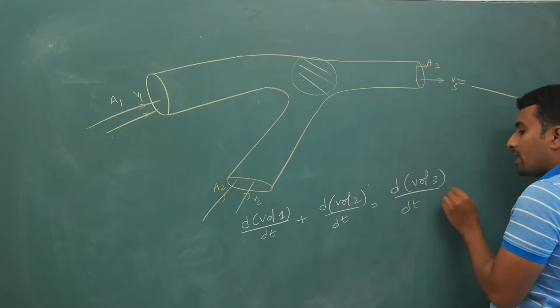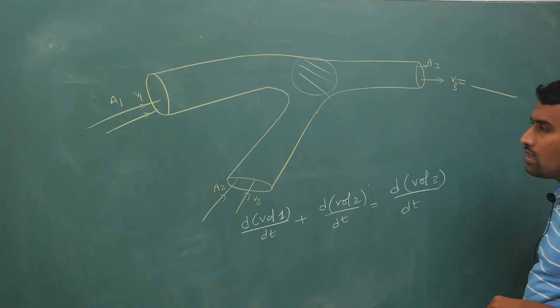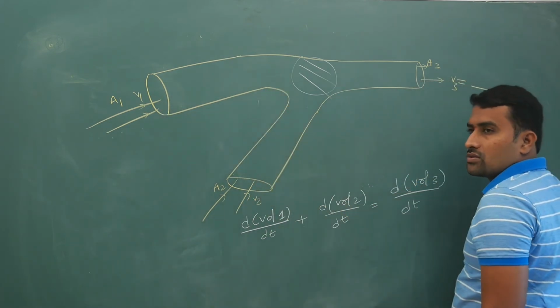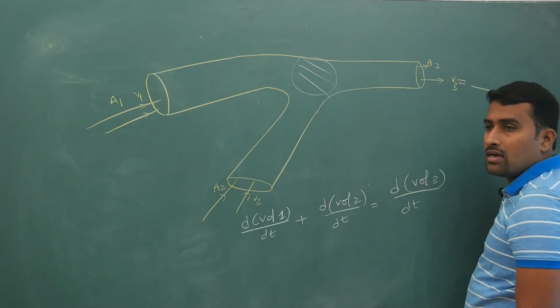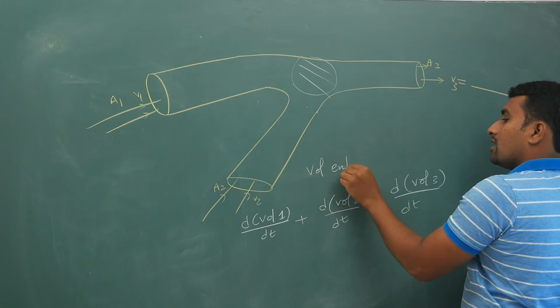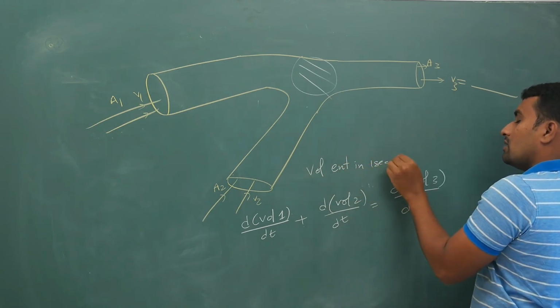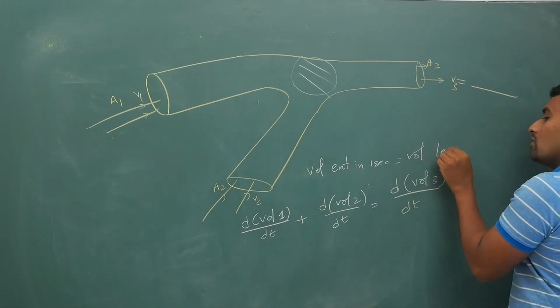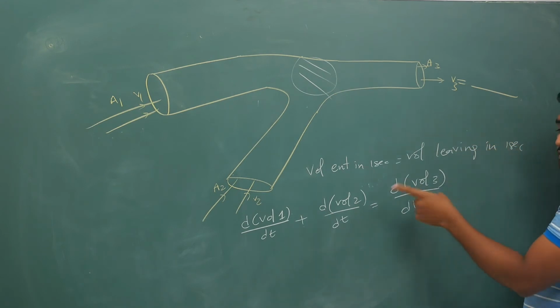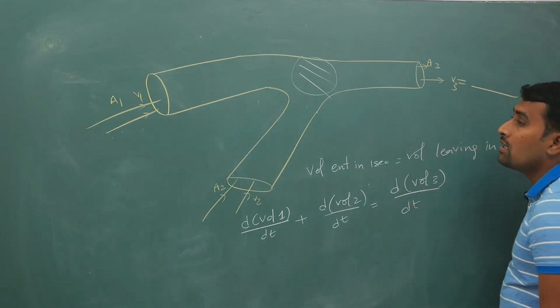If there are more pipes, you add those too. So your volume entering through this pipe plus volume entering through this is equal to volume leaving. The rate of volume entering in 1 second is equal to volume leaving in 1 second. If you take dt as 1, volume entering is equal to volume leaving.